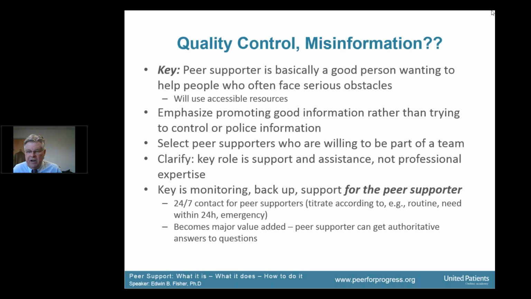They will use whatever resources are available to help the people they're working with. So we need to make resources available, 24-hour backup, emphasize promoting good information rather than trying to control or police information. We should be helping peer supporters have good information to give to the people they work with and not worry too much about trying to make sure they never say anything that isn't absolutely correct.